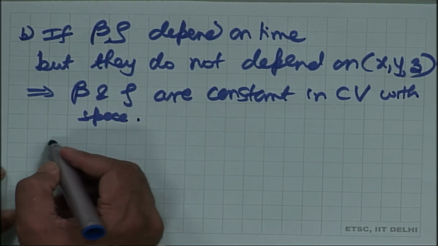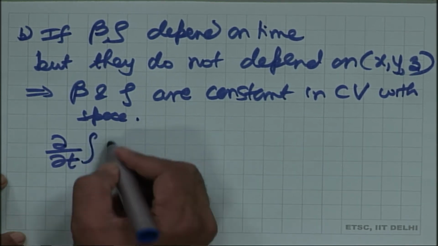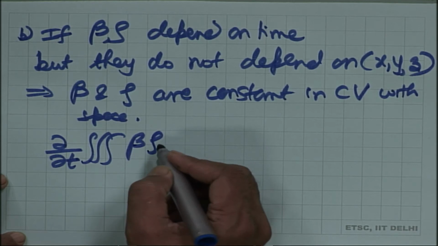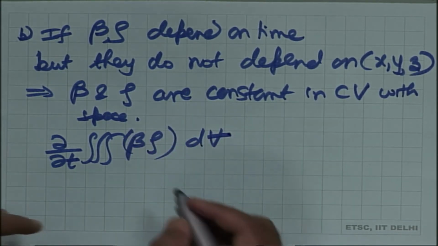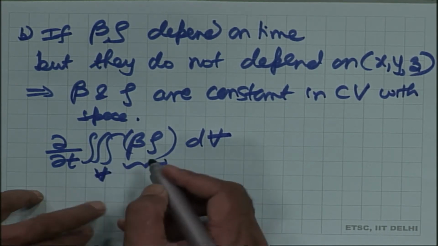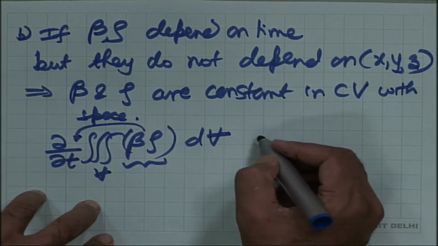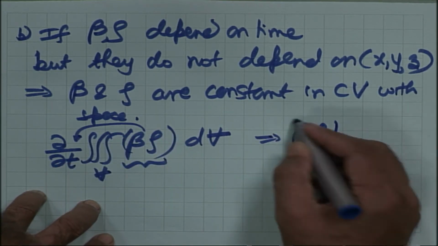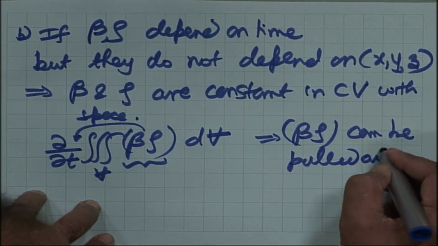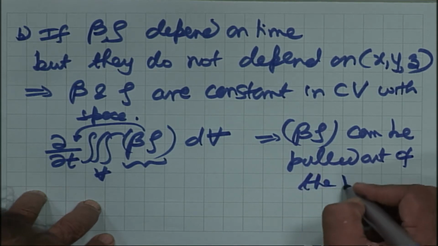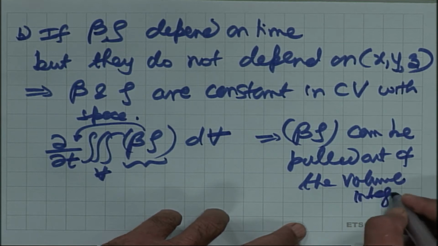So, then you have d by dt of integral beta rho dV, and because these are not changing with space, what you can do is they can be pulled. So, this implies then beta rho can be pulled out of the volume integral, because they do not depend on the region in the volume, they are the same everywhere.